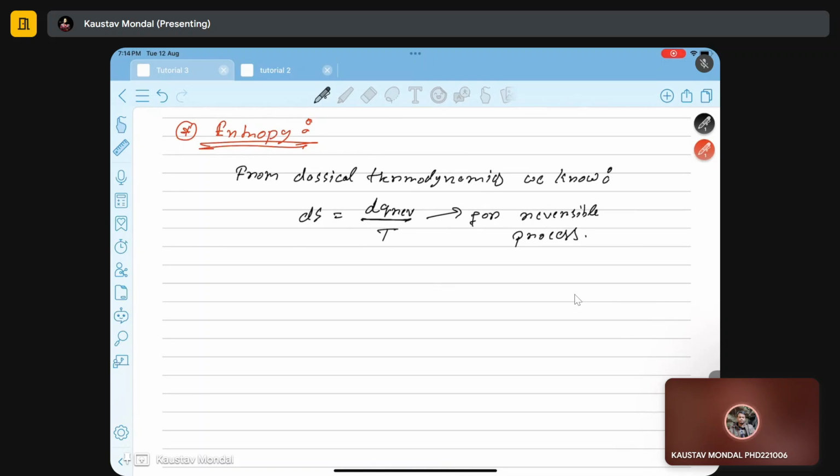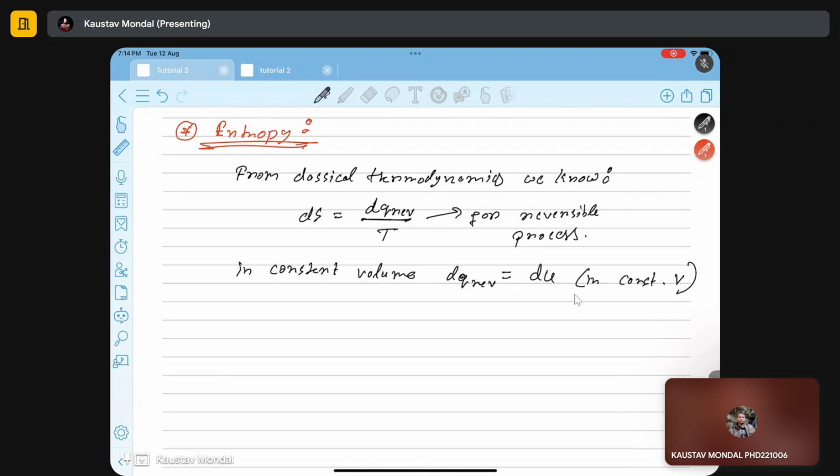Now in case of constant volume, you can write dq reversible as dU, right? In constant volume, you can write dq reversible as dU. Okay.